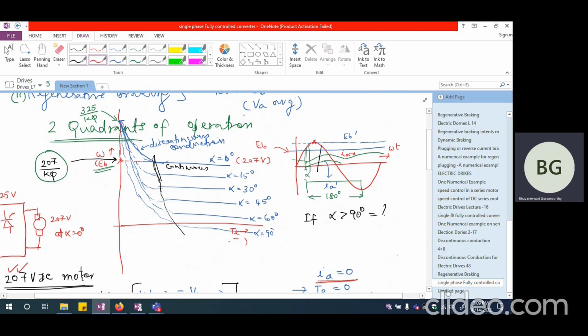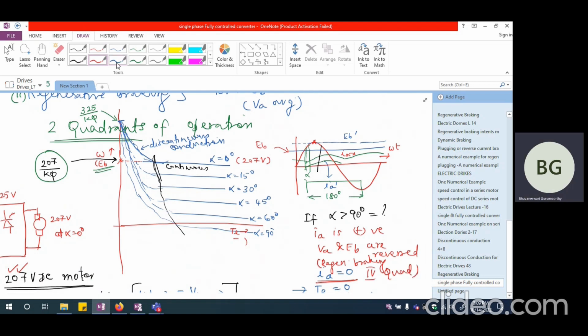The current is still remaining positive. So IA is positive, VA and EB are reversed. So we are going to have regenerative braking in this particular case happening in the fourth quadrant, not in the second quadrant.